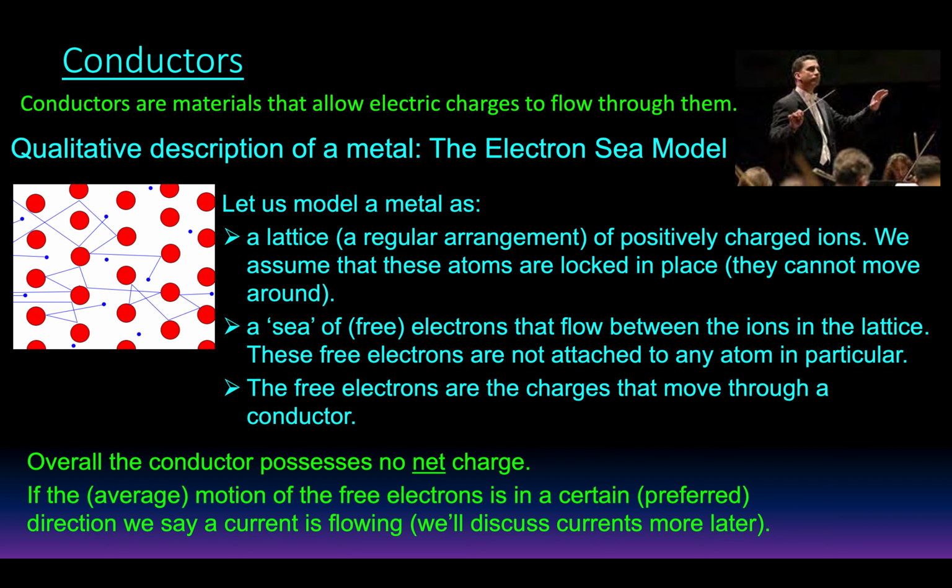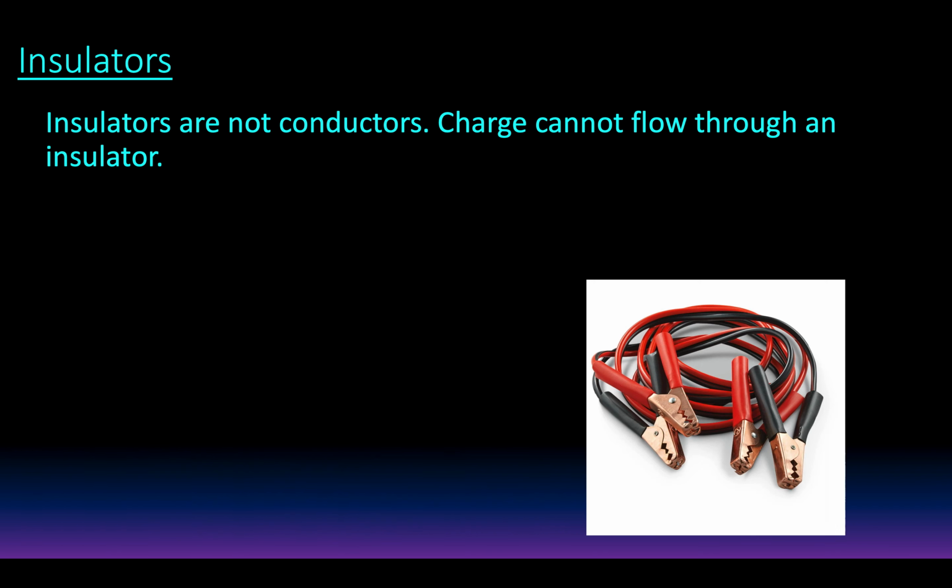But if instead you saw 105,000 electrons move to the left and 99,995 electrons move to the right, then you could say there was a slight preference to the direction that the electrons are moving. And when this occurs, we would say that a current is flowing. We'll discuss more on this later.